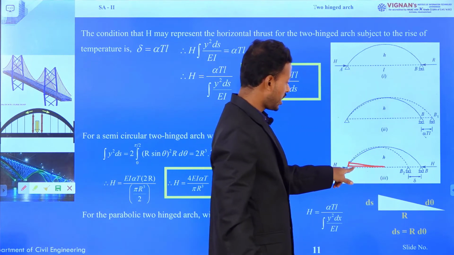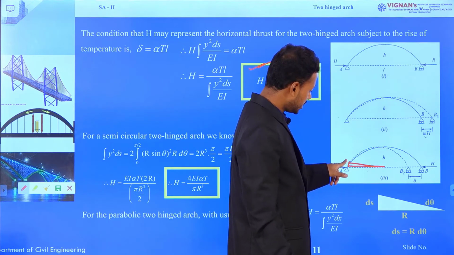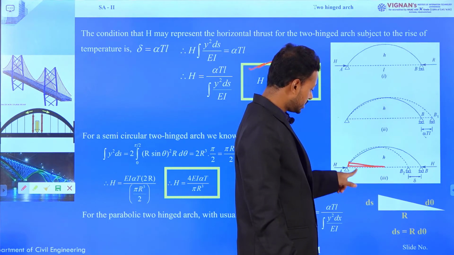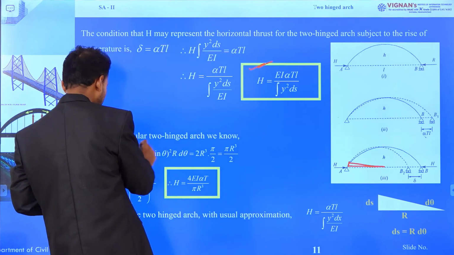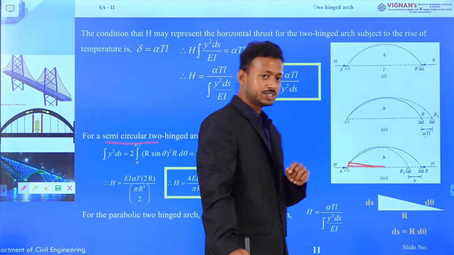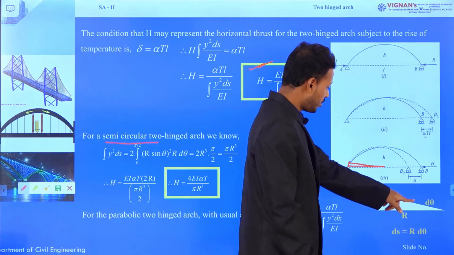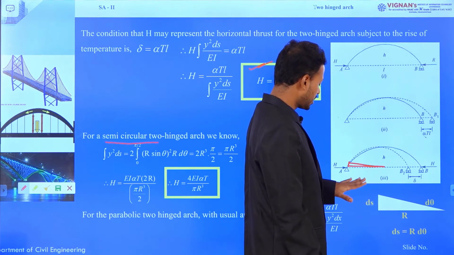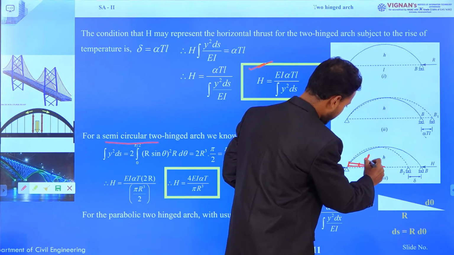This small triangle I have drawn here. The small triangle's altitude is ds and the base is r, as it is a semicircular two-hinged arch. So the base will be r, and the inclination of the hypotenuse is d theta.